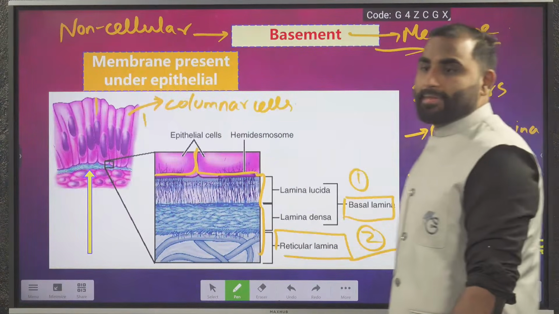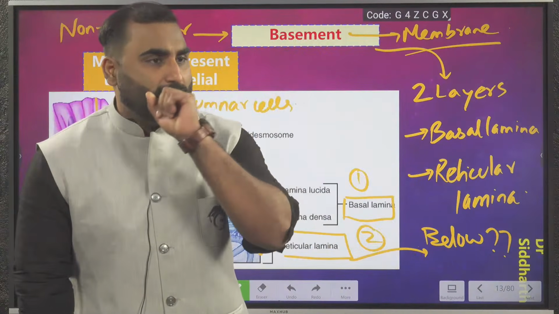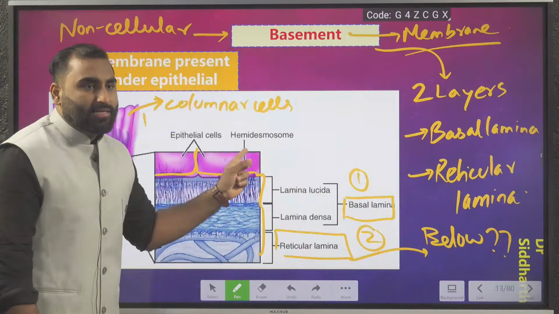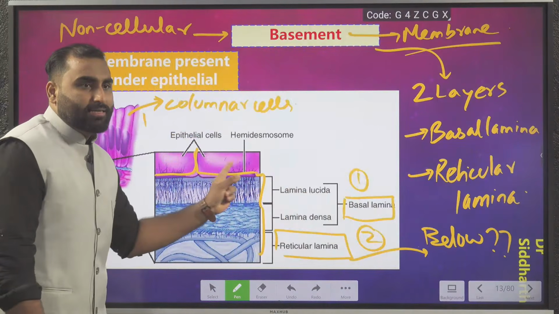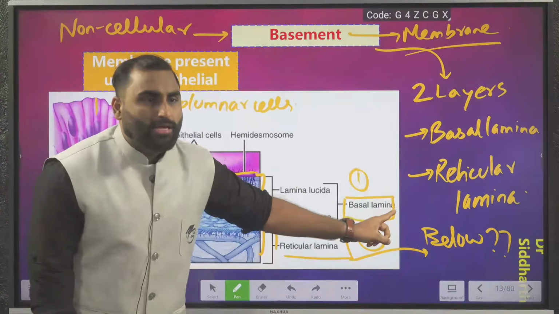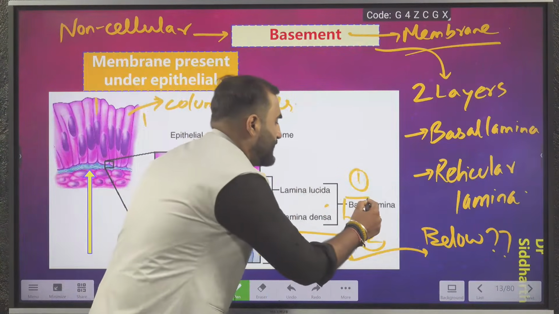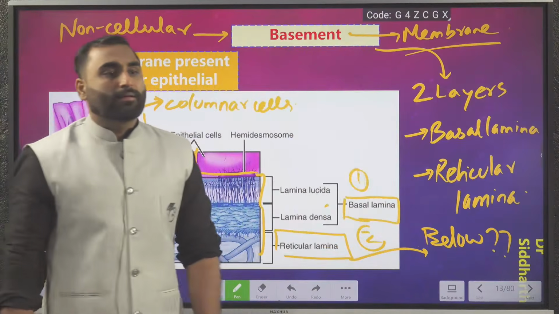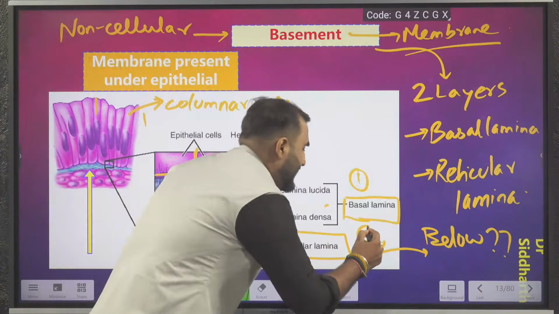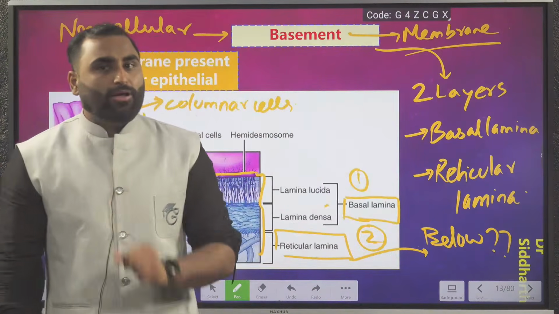Come on. So, first question's answer. The epithelial cells, as you can see here, are first sitting on the basal lamina. Below the basal lamina, the second layer is the reticular lamina.